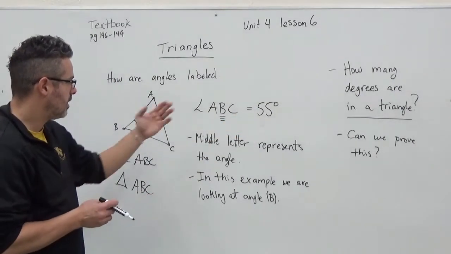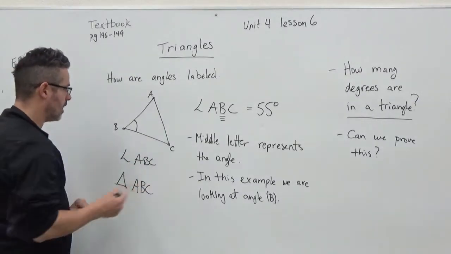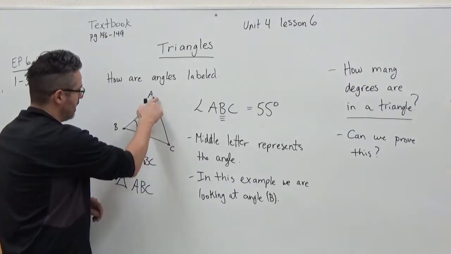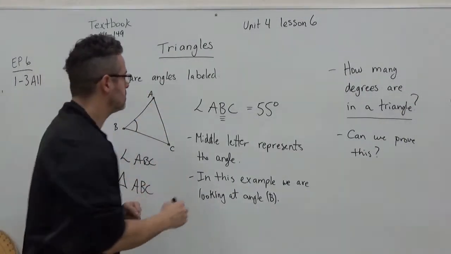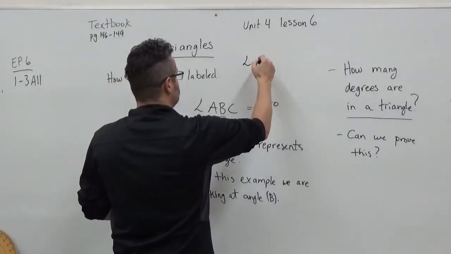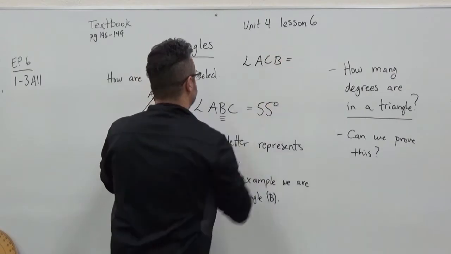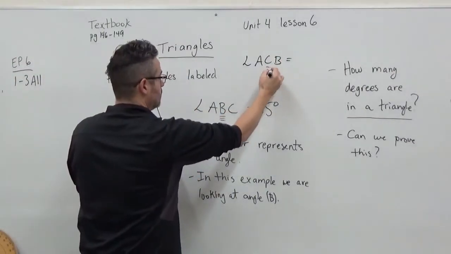Now, how would I write this if I wanted to represent angle C? Simply, I would go BCA or ACB. That doesn't matter. So angle ACB, C's in the middle.